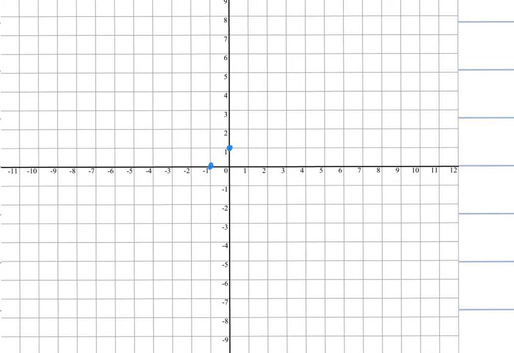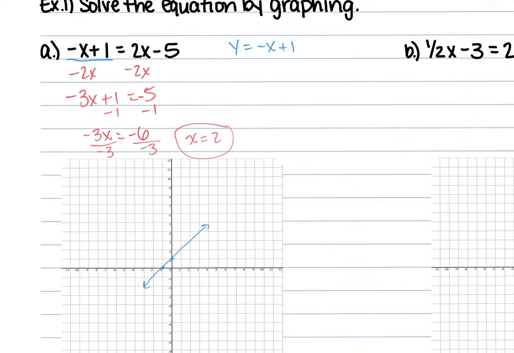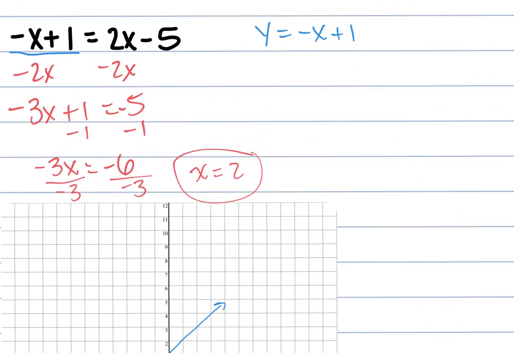Okay, so it should look something like this. You are ridiculously close. German, what kind of slope do we have? Positive or negative? Negative.